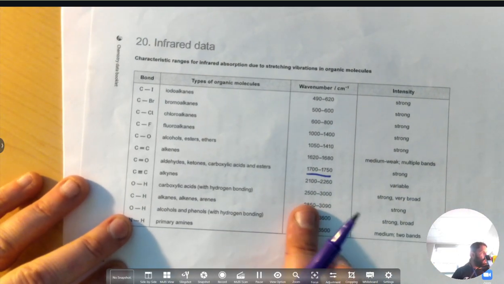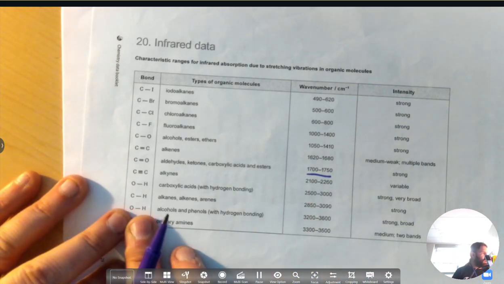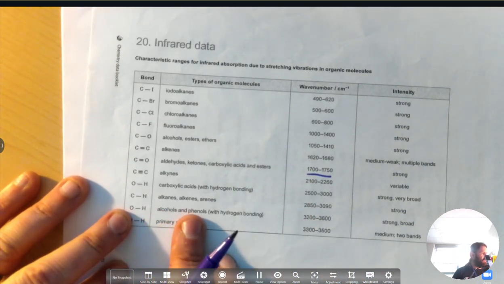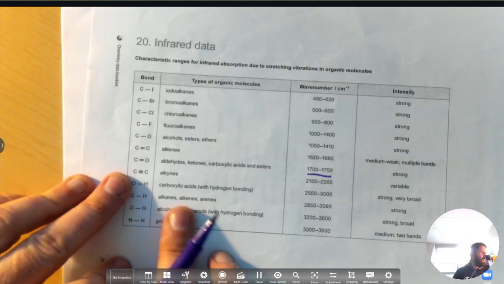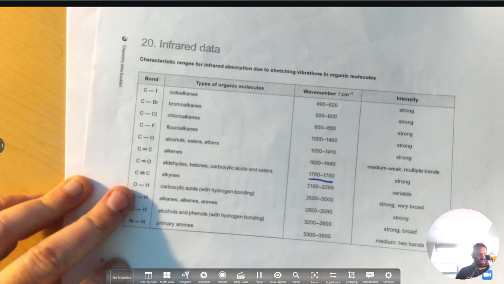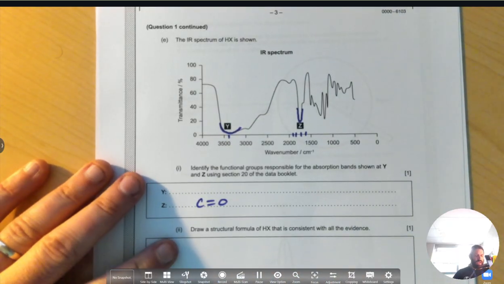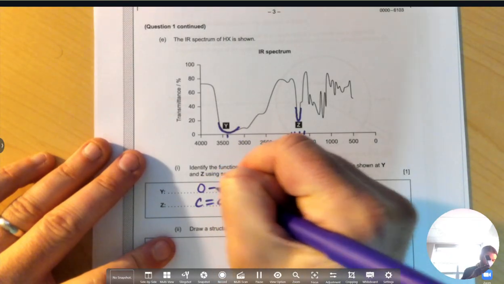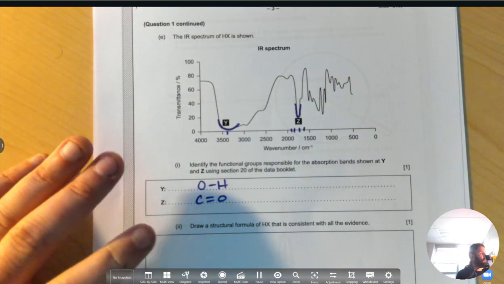Oh, it could be an OH in an alcohol and phenol. But we have a carboxylic acid here. Oh, well, if it's an OH in a carboxylic acid, it would be between 2500 and 3000. So I know that this is for OH.